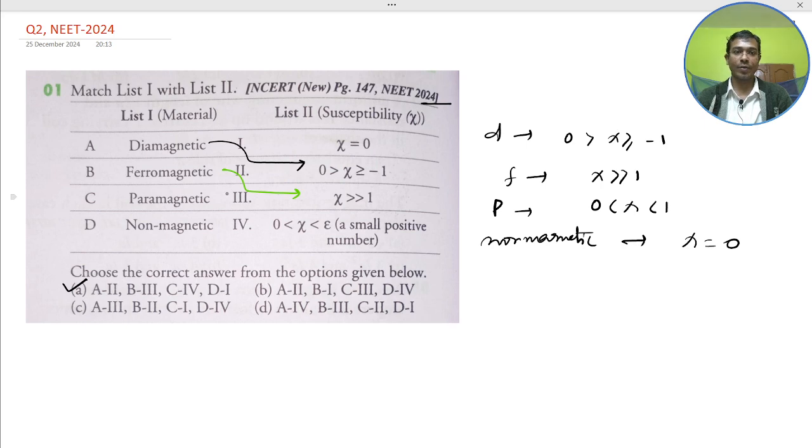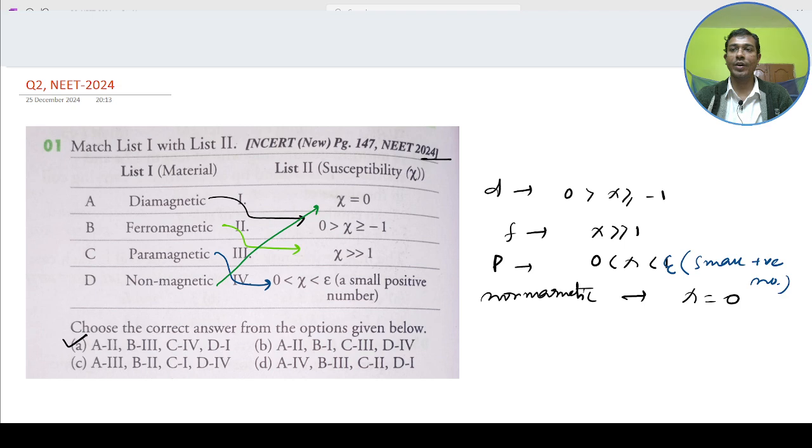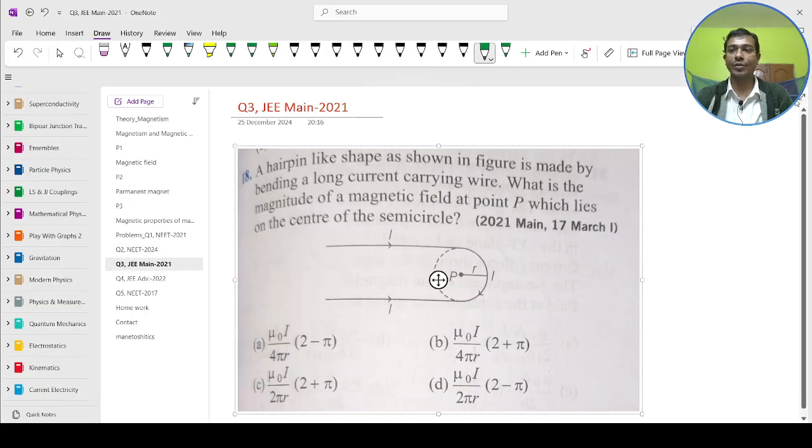And next for the paramagnetic: paramagnetic substance has a small positive number, this one, epsilon, the small positive number, some number, 1 or more, this one. For non-magnetic it would become 0. So go ahead, our next one, JEE Main 2021.